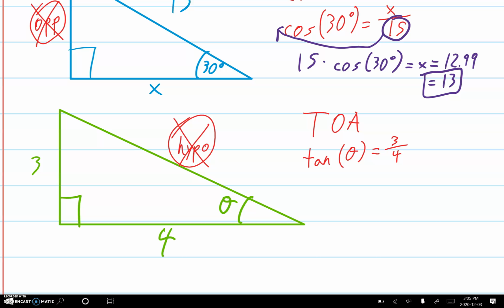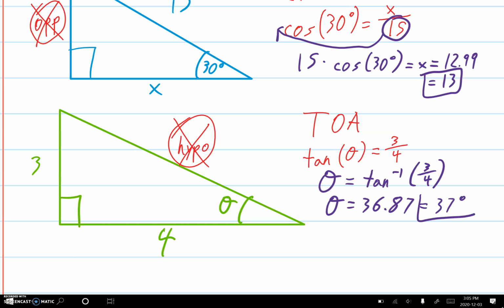So we do opposite operations, inverse tan, on both sides, which leaves us theta on one side and tan to the negative 1 of 3 divided by 4. I'm just plugging that into my calculator as well. So theta equals 36.87, or you can just round it to 37 degrees.